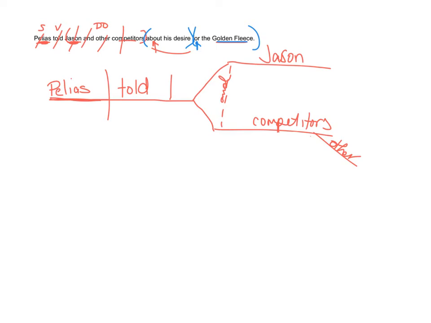No. About his desire, does that describe what kind of telling we've got going on? The answer to that is yes. It's describing what kind of telling. So we have about, desire, his.